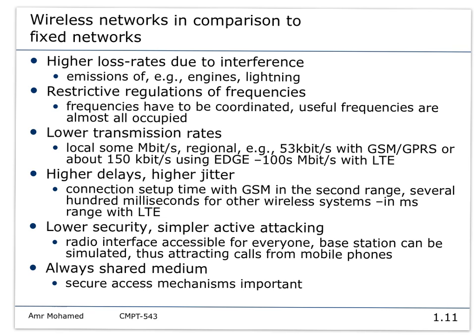Any emission, engines, lightning, all these sources actually affect the wireless signal, because it travels through the air. If we have a line, the electric signal goes through that line, so the possibility of other external sources affecting it is low, right? But since the wireless signal travels across the air, the possibility becomes really high.